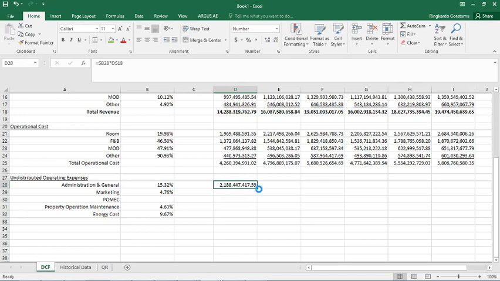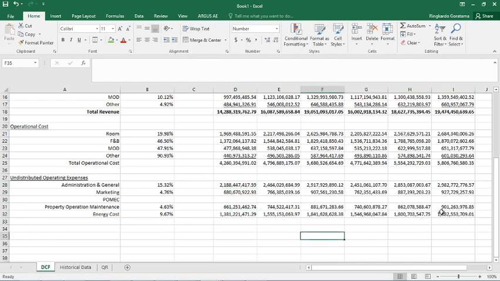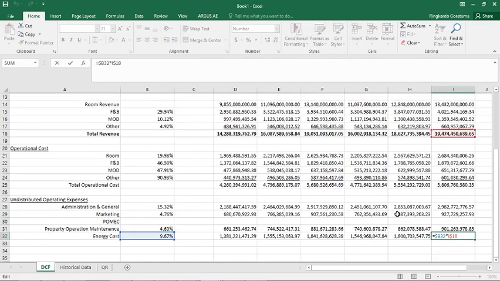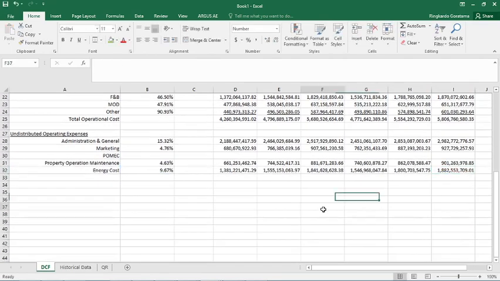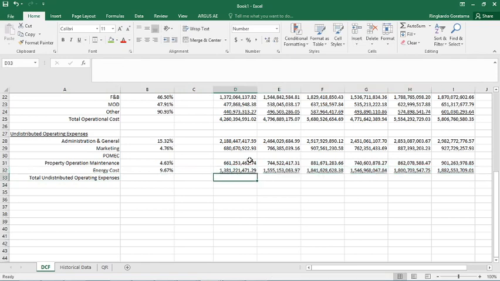So let's see. We copy it to here and we also copy it to here. See if the numbers correct on the total revenue. Yeah. So we get the total undistributed operating expense is this one.